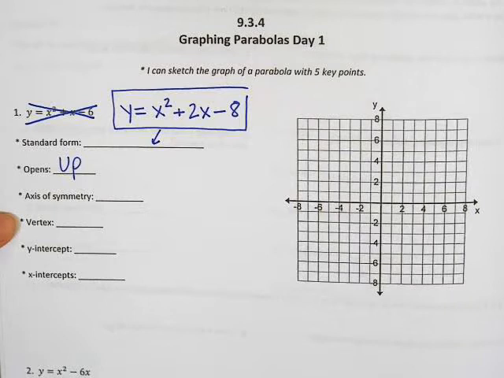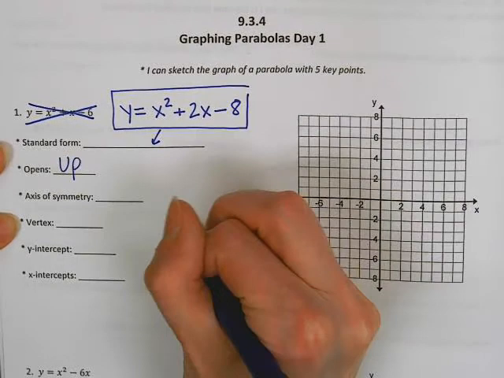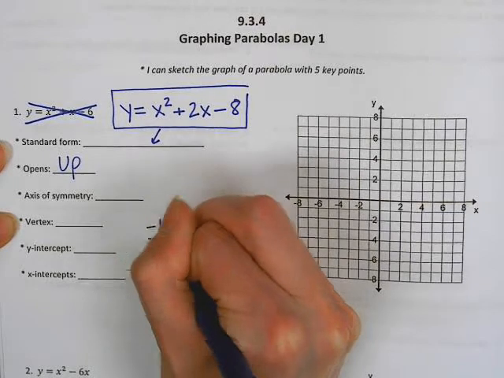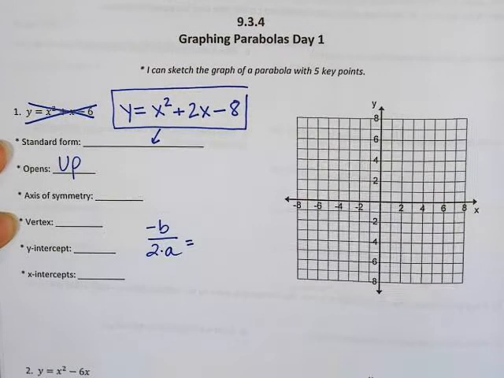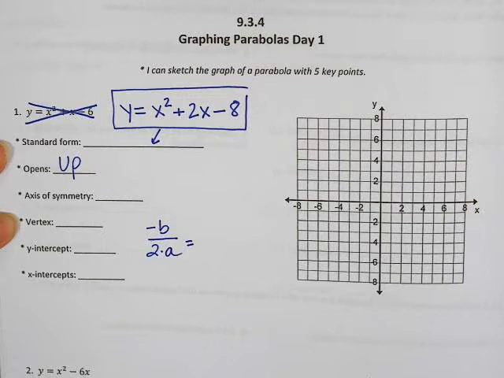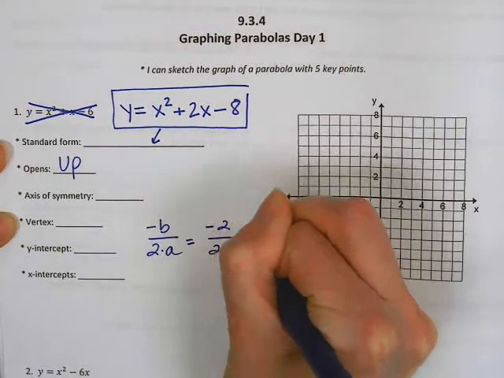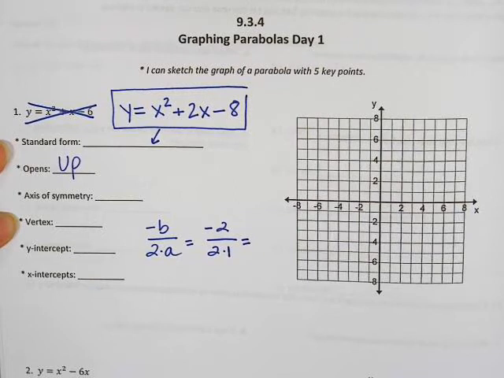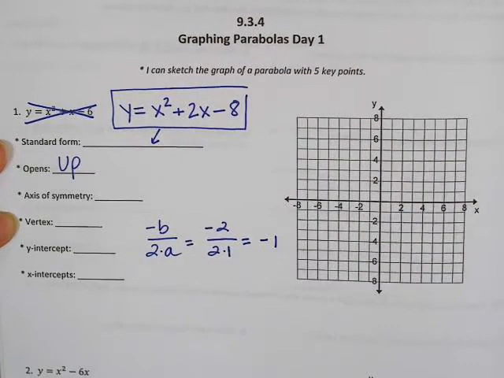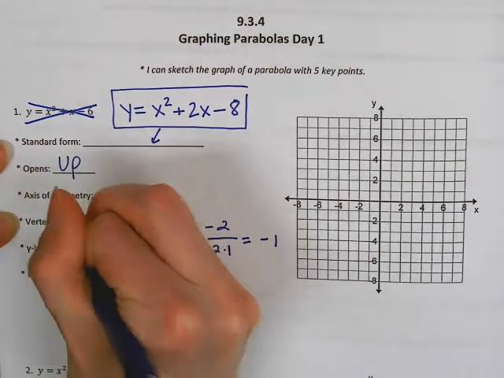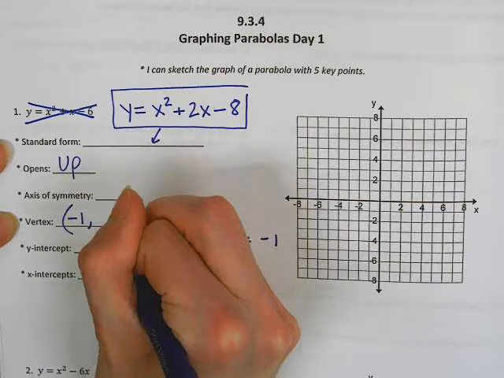Next, the vertex. And the formula is negative b over 2 times a. All right, so in our problem, it's going to be negative 2 over 2 times 1. And if you solve that, negative 2 divided by 2 times 1, you get negative 1. So the vertex is negative 1 comma something.